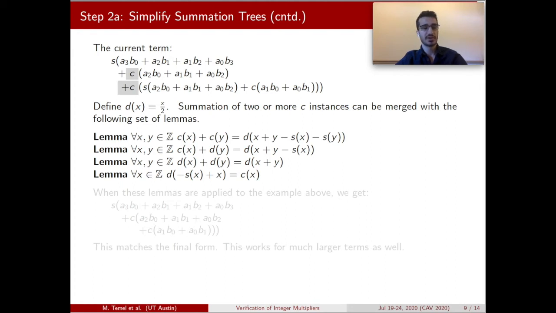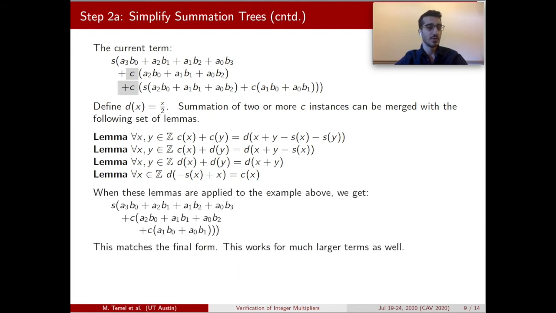So whenever we see a summation of 2 or more c's, we convert them to d, and we add them together. And we do that for all other summations, c plus d and d plus d as well. Then we convert a single instance of d back to c whenever possible with the last lemma. When these lemmas are applied to the term at the top, we get the term at the bottom. This matches our targeted final form, so we can conclude that the multiplier is correct for this output bit.